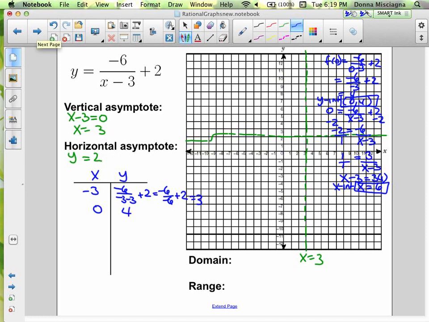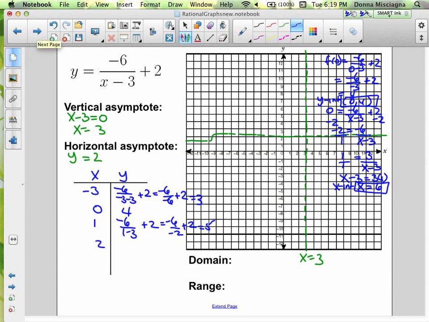And I'm going to plug in 1. So that would be negative 6 divided by 1 minus 3, plus 2. So that would be negative 6 divided by negative 2, plus 2. So that would be 3 plus 2, or 5.